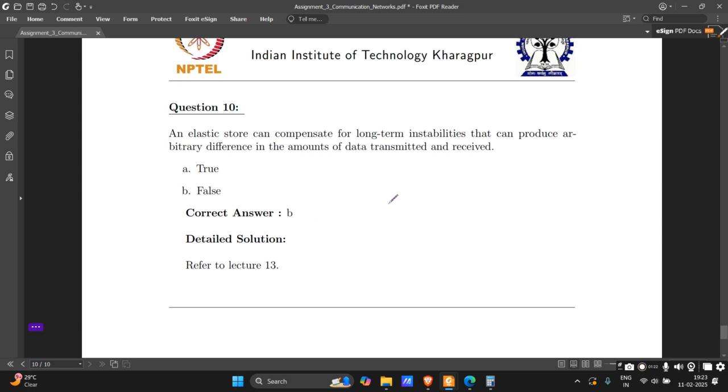Now, an elastic store can compensate for long-term instabilities that can produce arbitrary differences in the amounts of data transmitted and received. So, what is an elastic store?